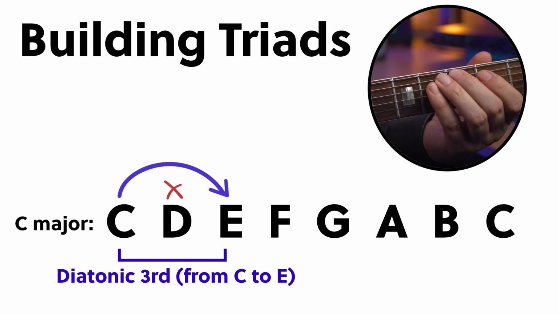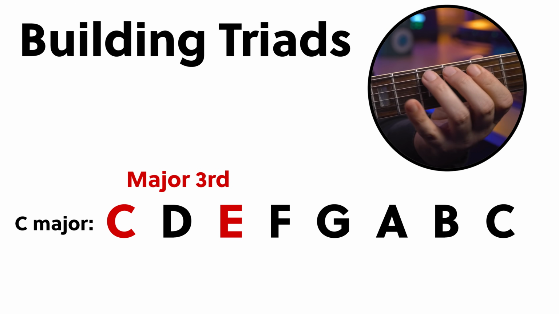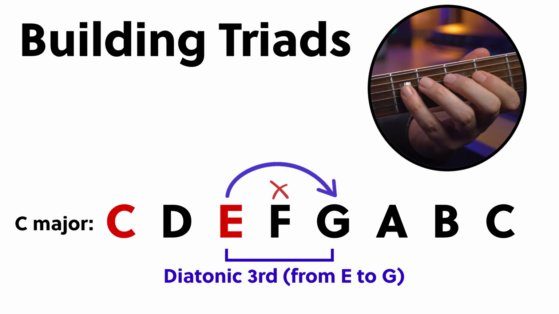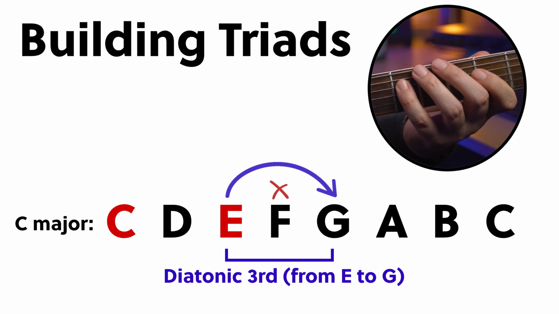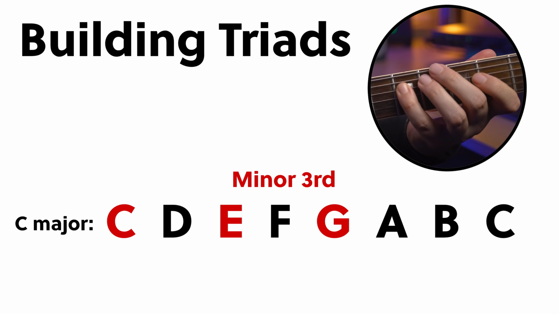So from C, a third up is just skipping the D up to the E. So here we have from C to E, which is a major third, and then we get from E to G because we are stacking thirds. So from E, a third up is G, and here we get the G, and that's a minor third.